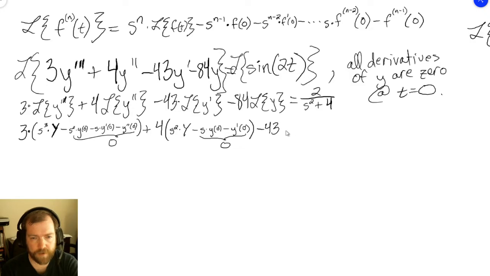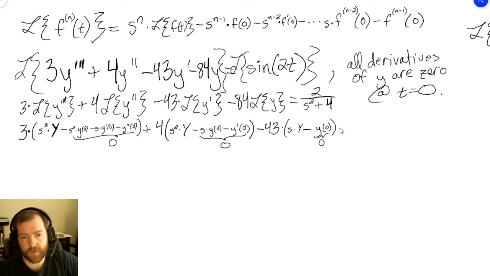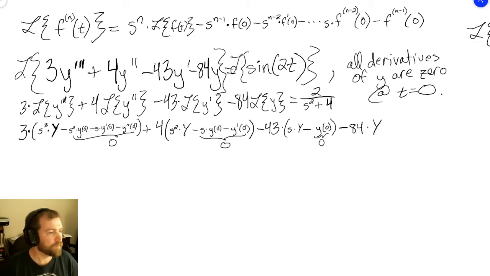Minus 43 times the Laplace transform of y prime, which is s times capital Y minus y at 0. Again, 0. And then minus 84 times big Y.